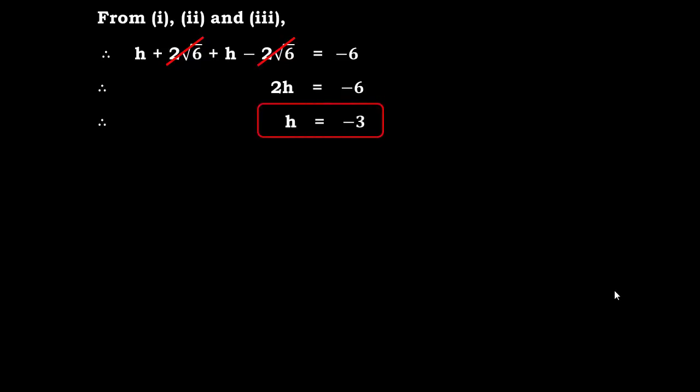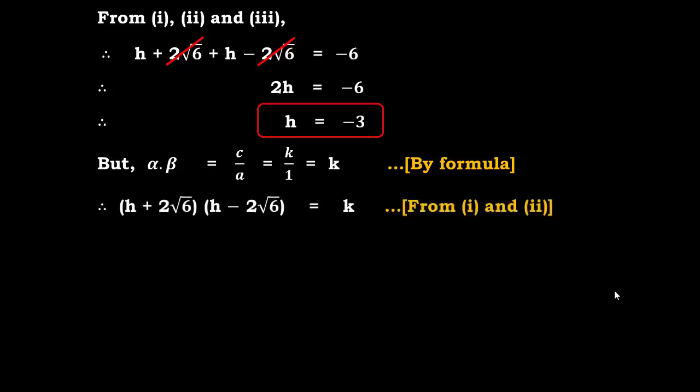Now see student, to calculate k, you can use the formula alpha into beta is equal to c upon a, that is k upon 1, is equal to k. So alpha is h plus 2 root 6, beta is h minus 2 root 6, and their product is equal to k.